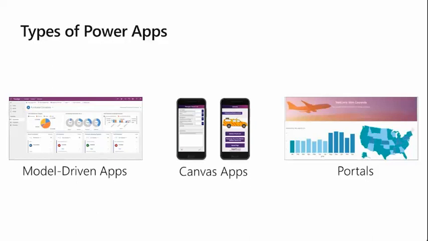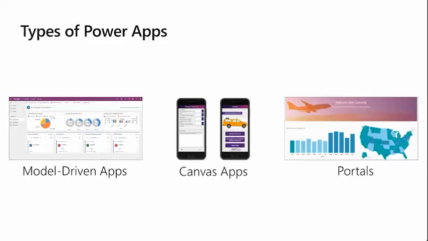So you're able to build these feature-rich applications with very little work on your end. You can be a civilian developer and create these applications to solve different problems within your organization.